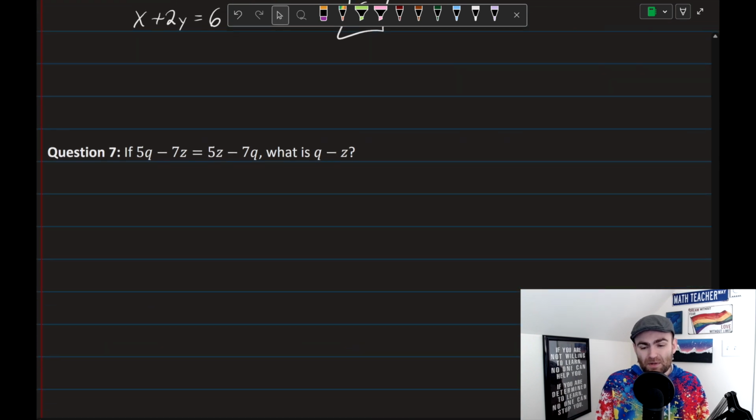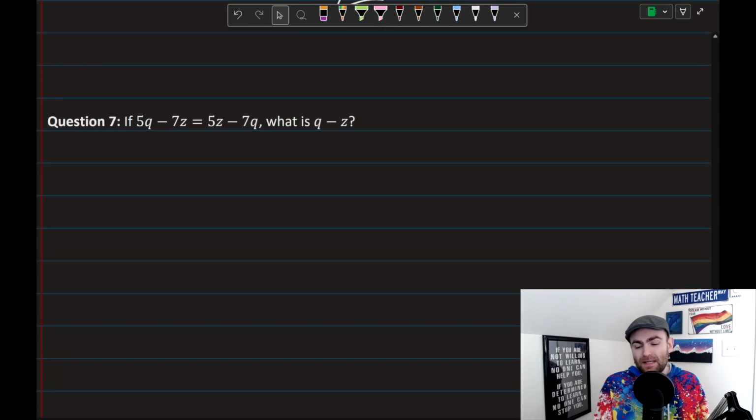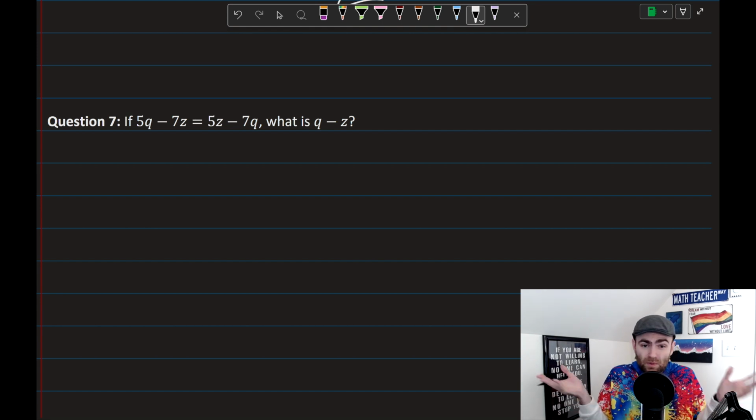Here's a similar question. So in this case, we have 5q minus 7z is equal to 5z minus 7q. And we want to find the difference between q and z. Again, we don't care about what they equal themselves, just the relationship between them. So I notice here that q is positive and z is negative. So I want to rearrange this equation so that stays true. It looks like my q is positive here and my z is negative here.